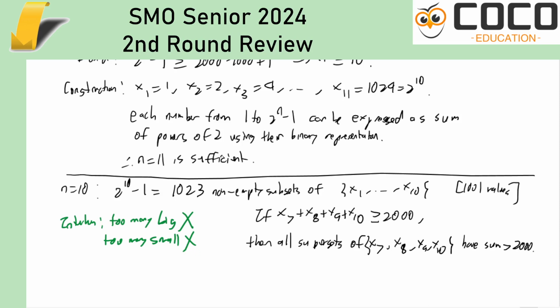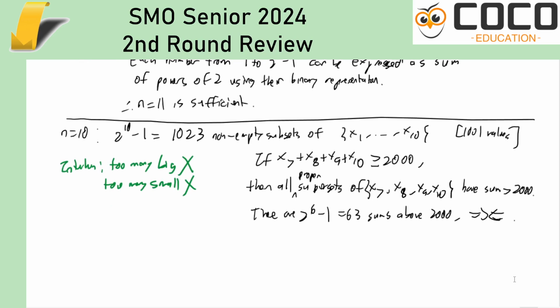And the number of supersets, well, excluding itself, so let me say proper supersets, there will be 2 to the 6 minus 1 because there are 6 other things. So this gives sums that are above 2000, which is not possible.